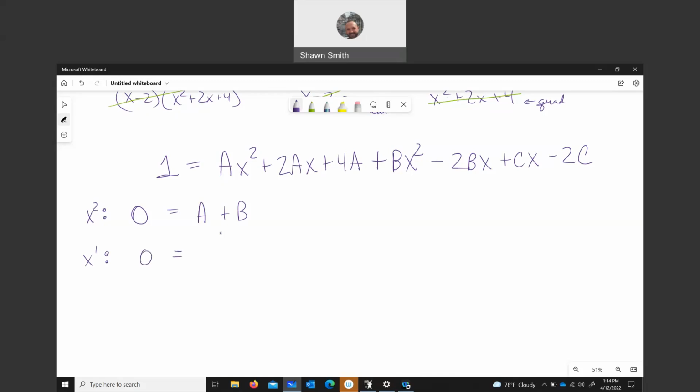On the right, 2a minus 2b plus 1c, right? Those all are x to the first. X to the zeros are your constants. We do have a constant of 1 is equal to all no x variables. You have 4a minus 2c.